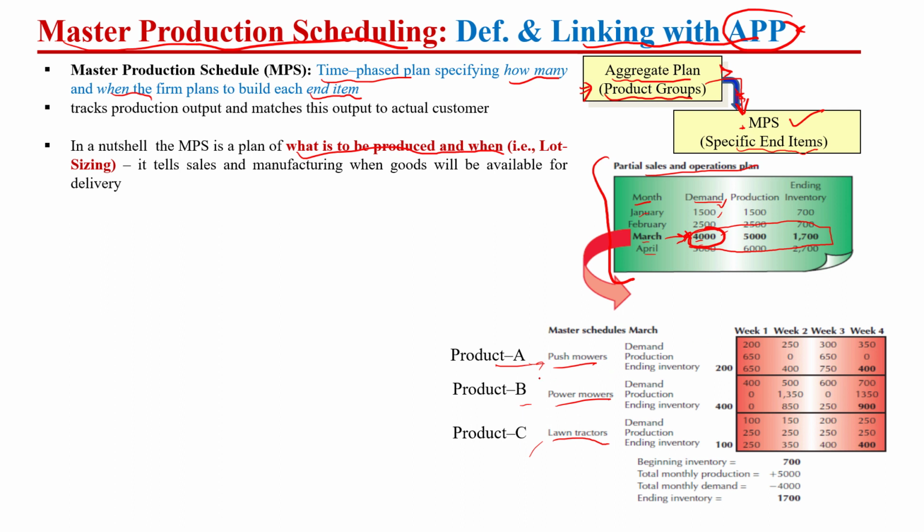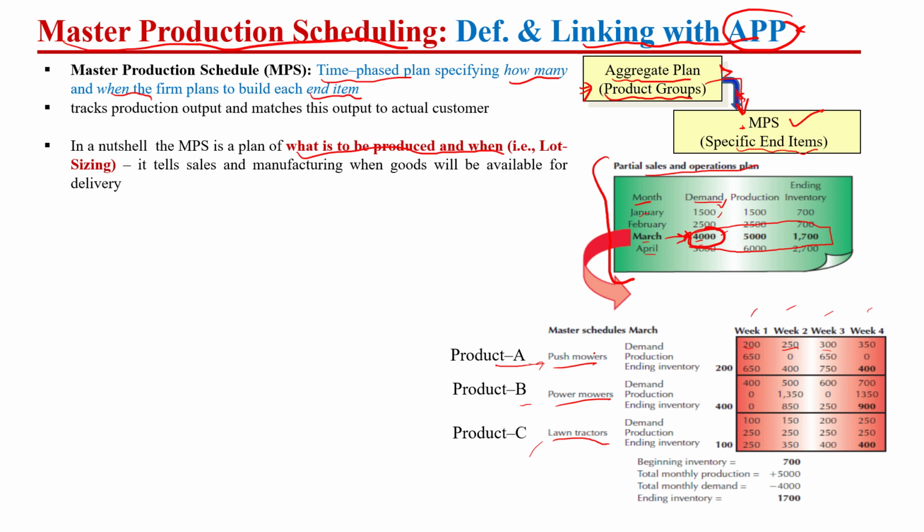Because this is monthly, we are now developing the plan on a weekly basis. So we decided that out of the 4,200 of product A, we are going to produce a certain amount in week 1, 250 in week 2, and likewise weeks 3 and 4. So we are disaggregating with respect to the demand.